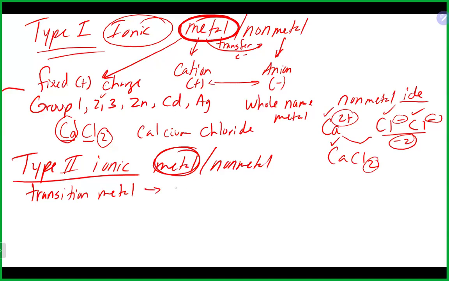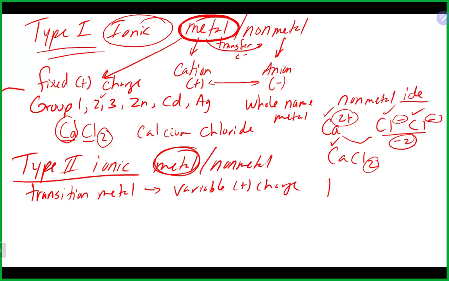What those have in common is they have a variable positive charge, and that means you do have to do an extra little bit of work to figure out the charge on the metal. You can do that pretty easily because you will always know the charge of whatever it is bound to.